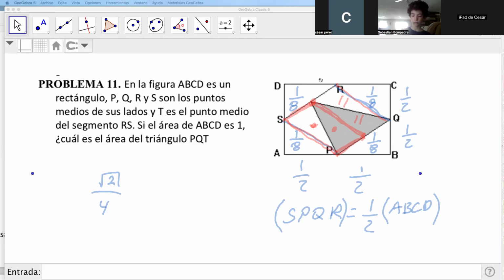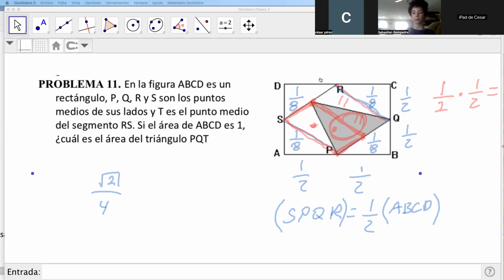Okay. This triangle will be 1/2 of 1/2. Do you understand why?